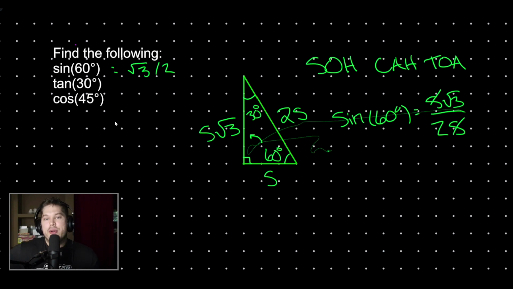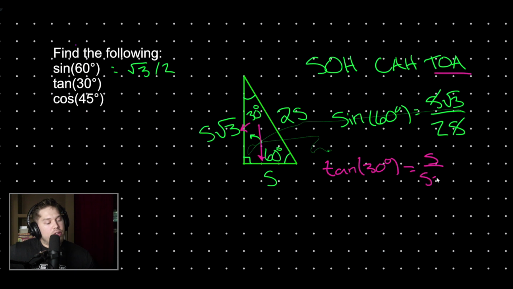For this same triangle, we can solve the tangent of 30. I'll change colors, but tangent of 30, tangent is opposite over adjacent. So the opposite side to our 30 degrees is s, and the adjacent side is s root 3. Therefore, tangent of 30 degrees is equal to s over s root 3.